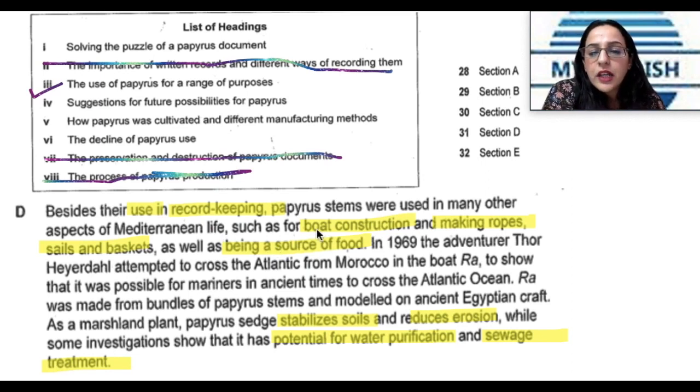So other uses like boat construction, making rope, sails, baskets, being a source of food, and finally in the end also it is said that it stabilizes soil, reduces erosion. So basically it's talking about the advantages, but here in the beginning it's talking about the use of papyrus for a range of purposes. So third is the right answer for para D.